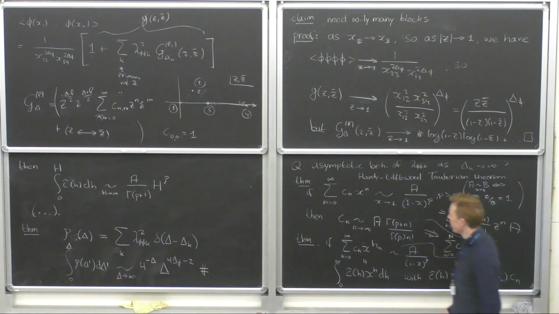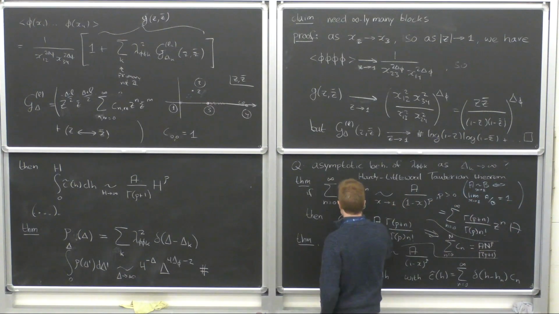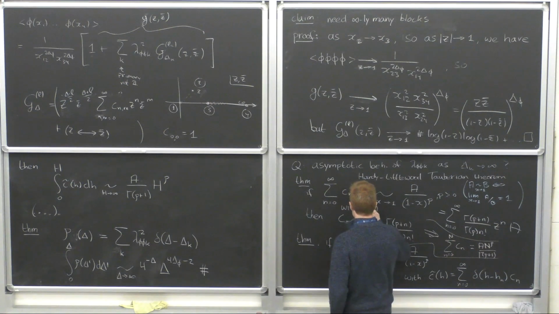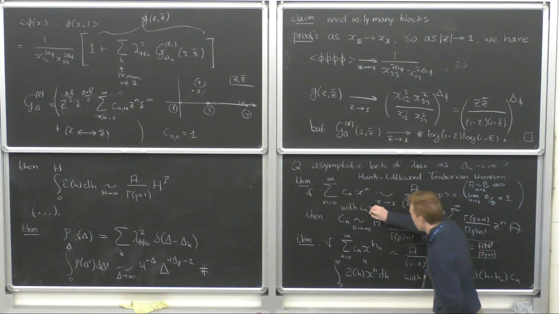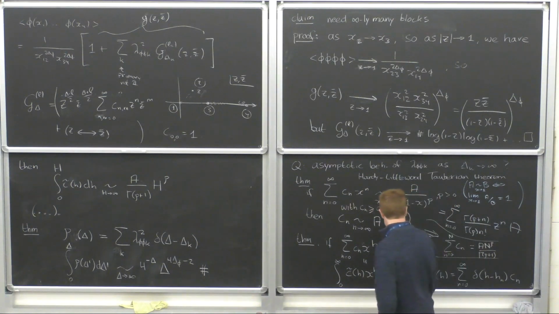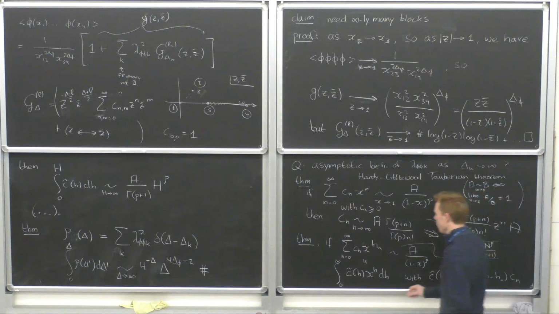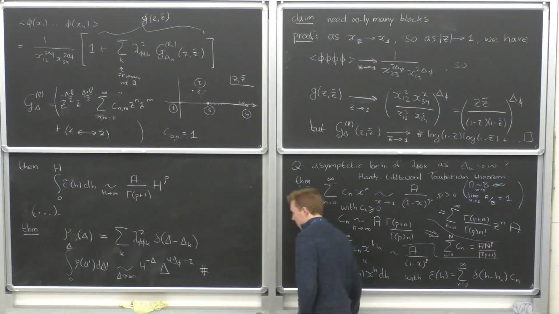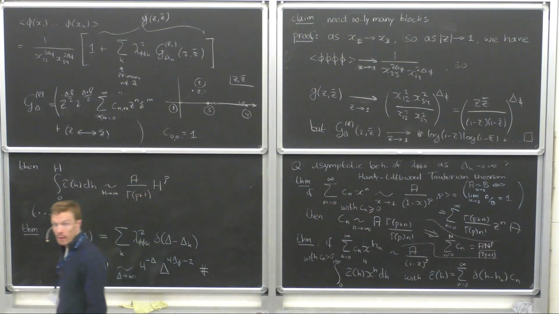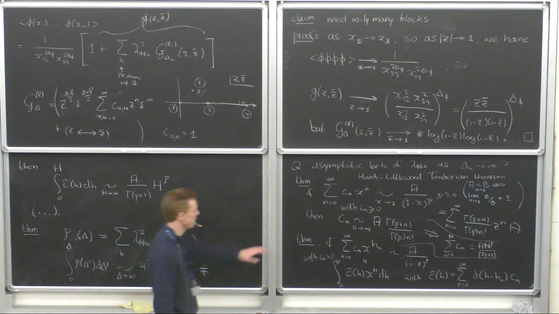I should have said that these coefficients are positive, or non-negative, and here also. Because if they're not positive, then you can have huge cancellations on the left-hand side.